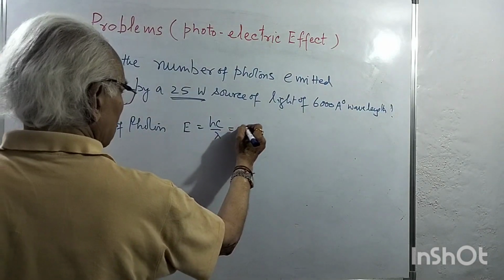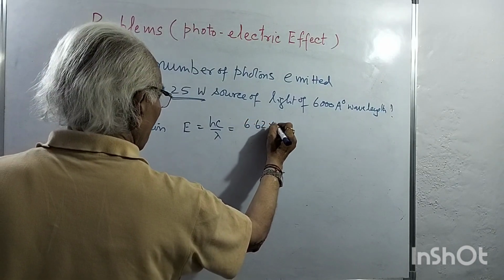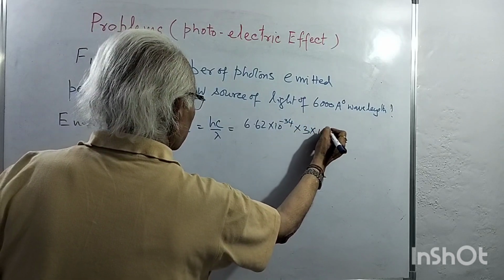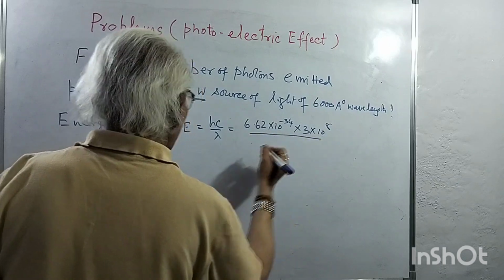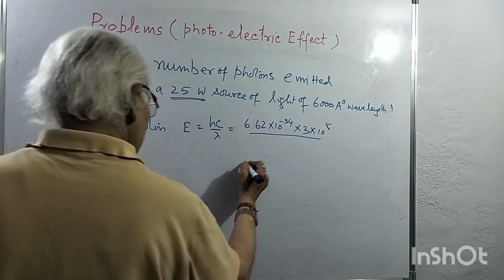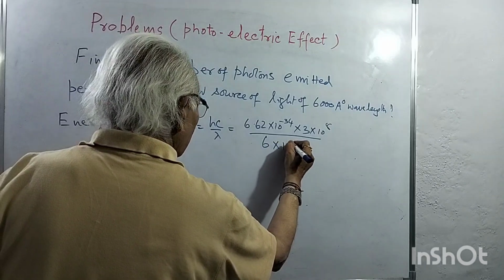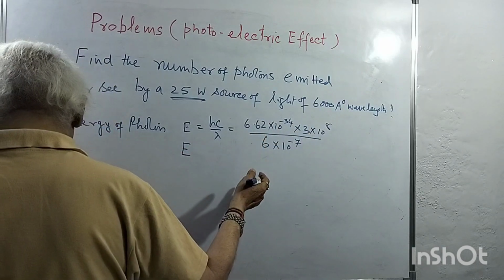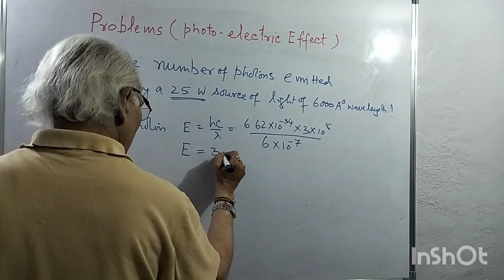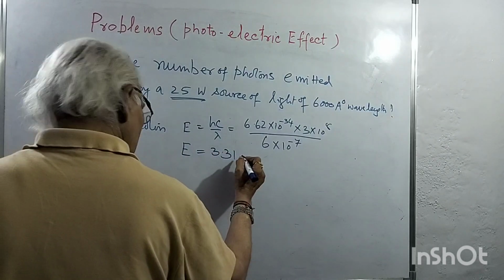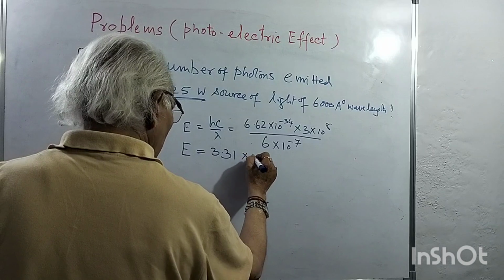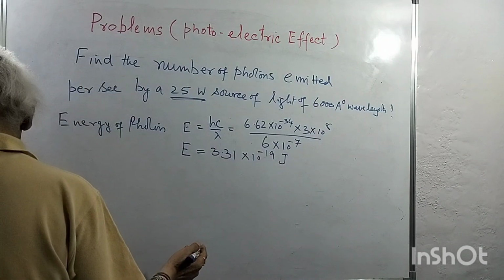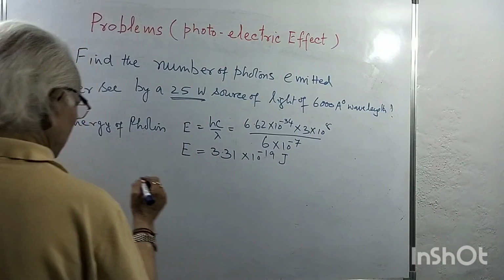E is equal to hc, 6.62 into 10 to the power minus 34, 3 into 10 to the power 8. Lambda is 6000 angstrom, so 6 into 10 to the power minus 7. You calculate this, the answer will be 3.31 into 10 to the power minus 19 joules. This is the energy. Now, the number of photons emitted per second.